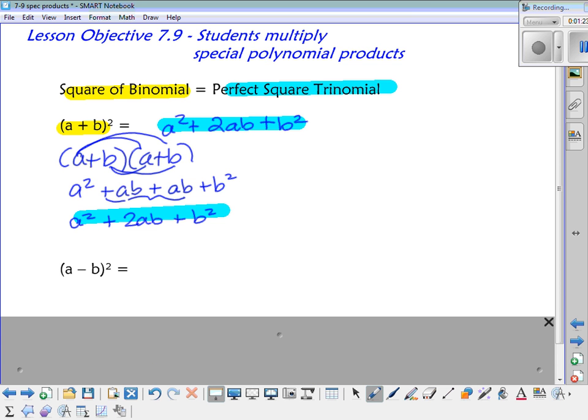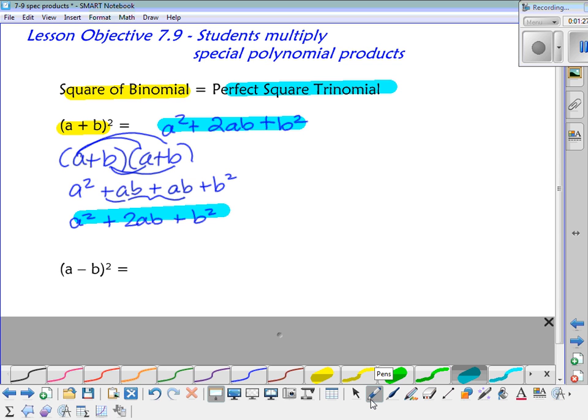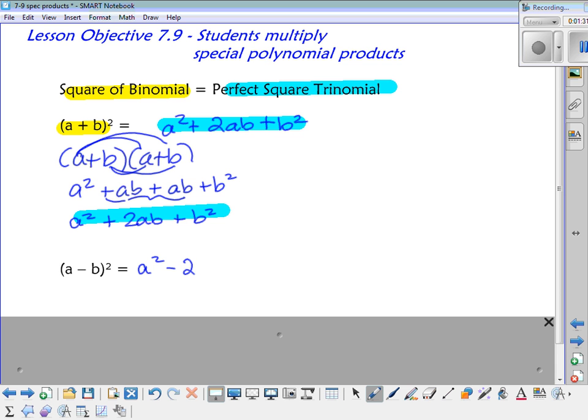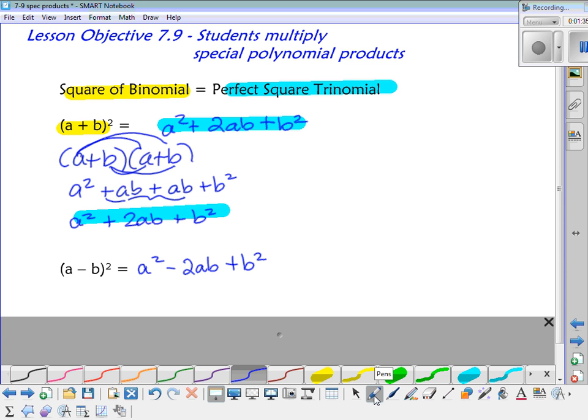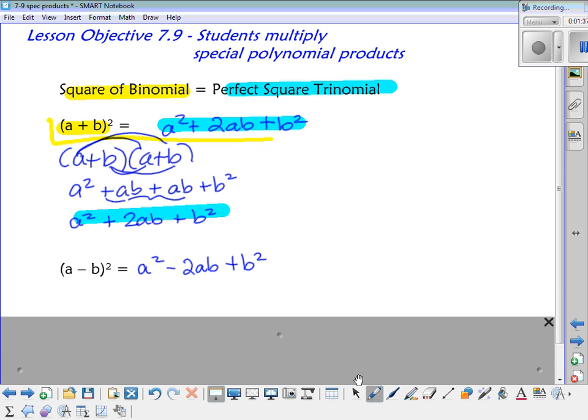And then if we do it with the minus, then the pattern is almost the same. It's just now it's a squared minus 2ab plus b squared. So these are the two patterns you have for perfect squares, okay?